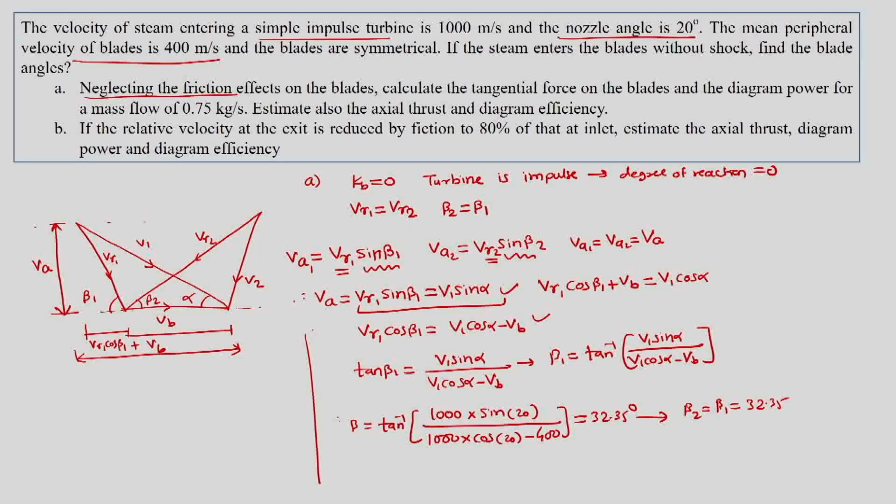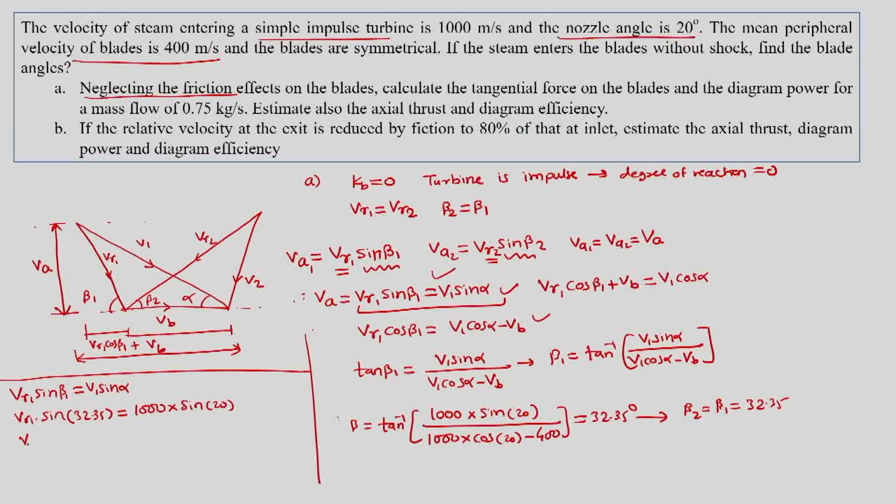Now we can move ahead and find out VR1. We know VR1 sin of beta 1 is equal to V1 sin alpha. So VR1 into sin of 32.35 is equal to 1000 into sin of 20.